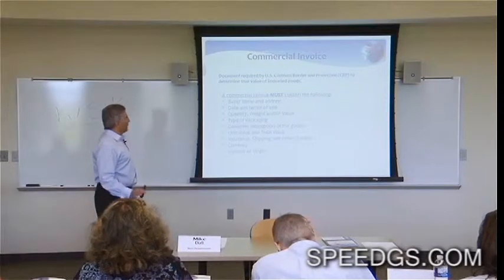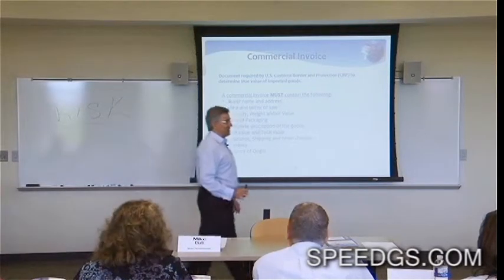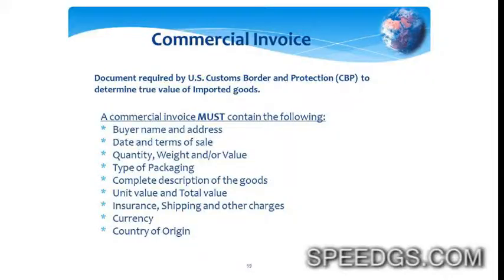A commercial invoice must contain the following. You must have the buyer's name and address. You must have a date and the terms of the sale, quantity, weight and/or value, and type of packaging. What do I mean by type of packaging? Is it a crate? Is it a box?